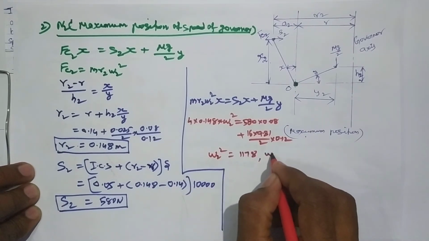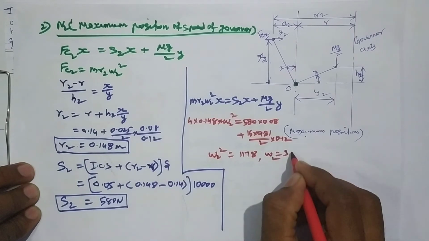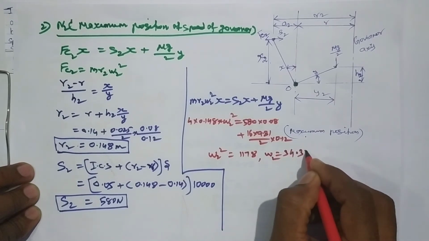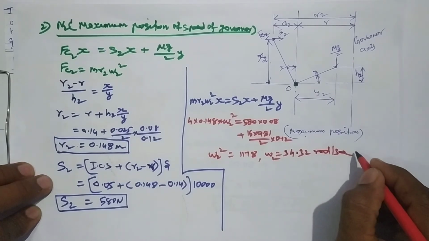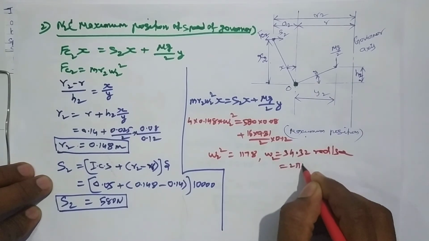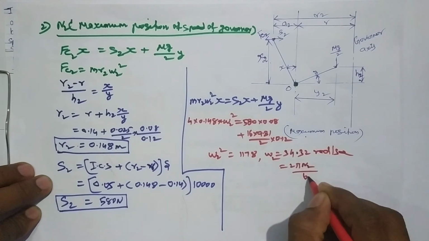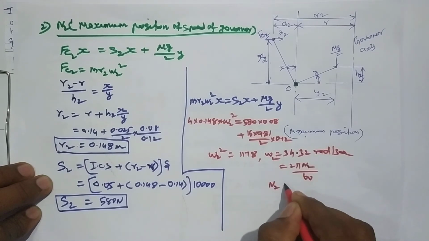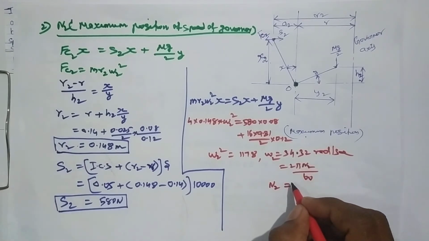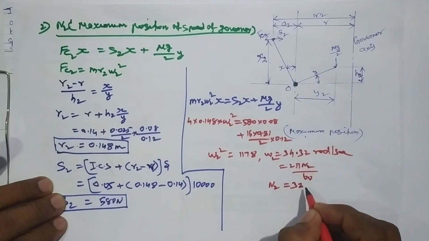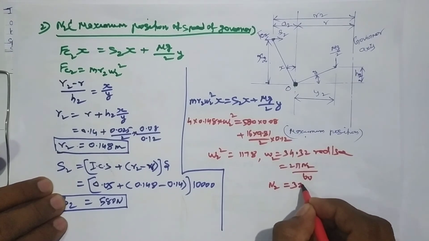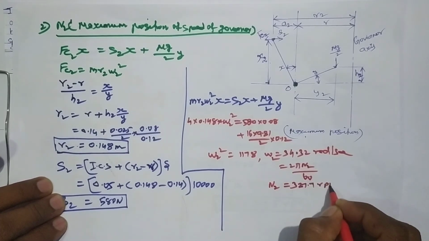Then what is the value for omega 2? That is 134.32 radians per second. So that is equal to 2 pi n2 divided by 16. So from that you have to find out the n2 is equal to, right, n2 is equal to 327.7 rpm.